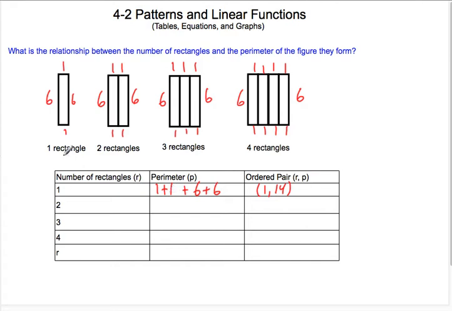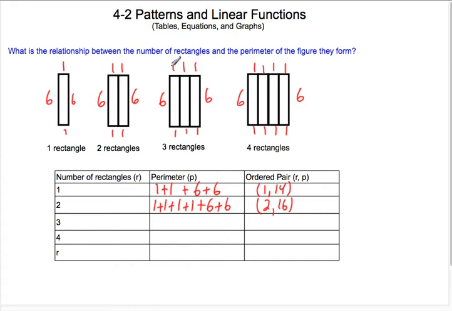So let's say when the number of rectangles is 2, right here, the perimeter is going to be 1 plus 1 plus 1 plus 1 plus 6 plus 6. And so the ordered pair would be 2 rectangles and a perimeter of 12 plus 4, which is 16. Now I'm going to run out of room if I keep putting 1 plus 1 plus 1 plus 1, so I'm going to shorten that a little bit.